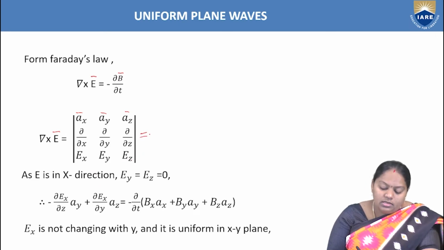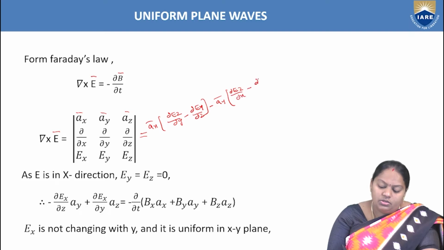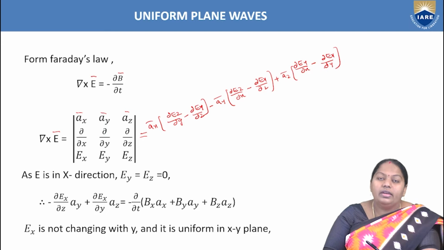So, by expanding this equation, we are going to get Ax into (∂Ez/∂y − ∂Ey/∂z) minus Ay into (∂Ez/∂x − ∂Ex/∂z) plus Az into (∂Ey/∂x − ∂Ex/∂y). Right?